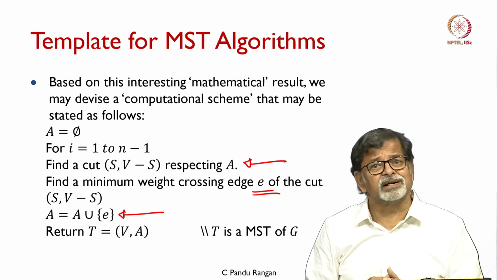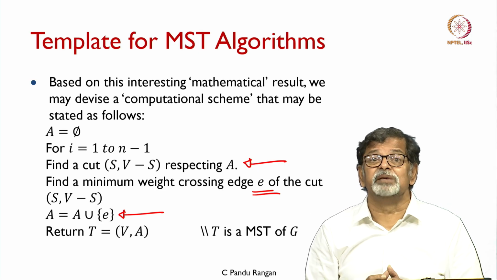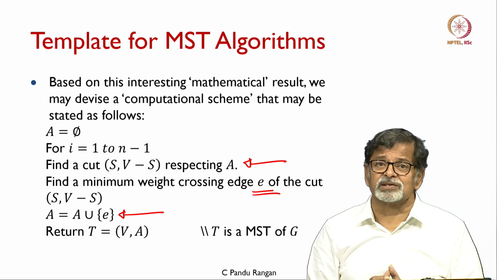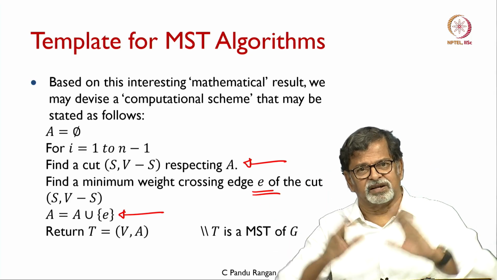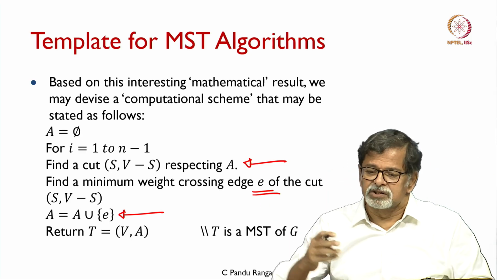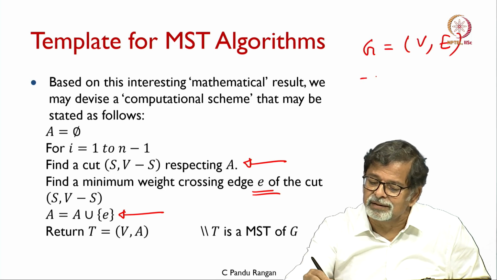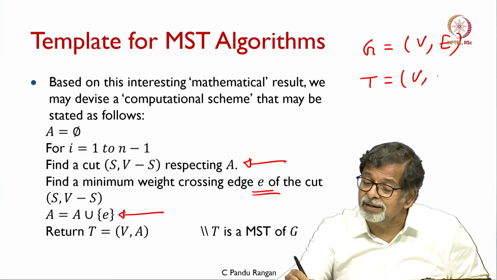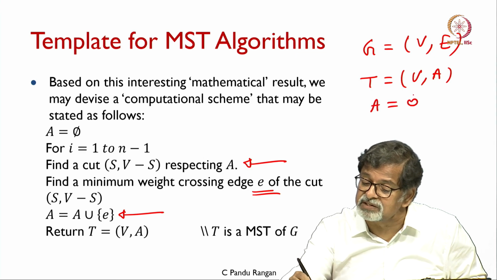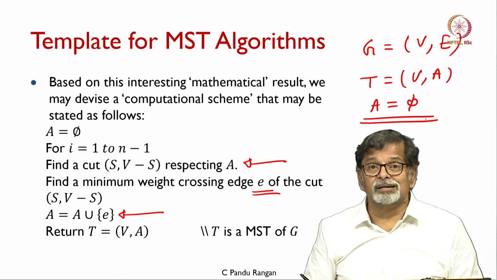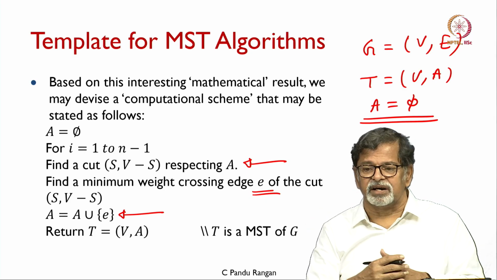What is the vertex set? It is the vertex set of the graph, that we do not have to worry about. That is the reason why minimum spanning tree algorithms will focus on building the minimum spanning tree edge by edge. Vertex set is fixed. So, initially G equals (V, E), T equals (V, A), A is the empty set, then A gets one edge after another in n minus 1 iterations.